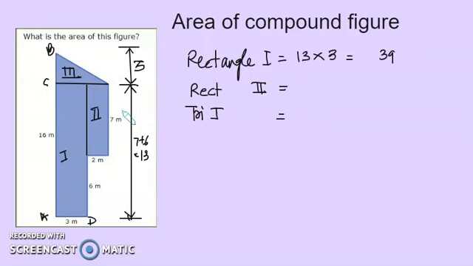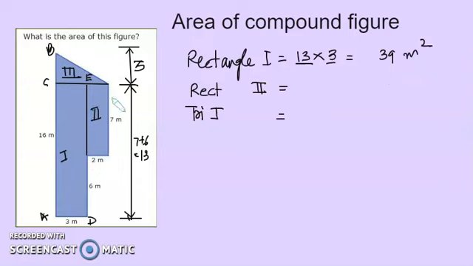So from D to, let us call it E, which is equal to AC, is 13 centimeter. So length is 13 and breadth is 3. Sorry, both our units are in meter. So 13 meter and 3 meter, that is 39 square meter.